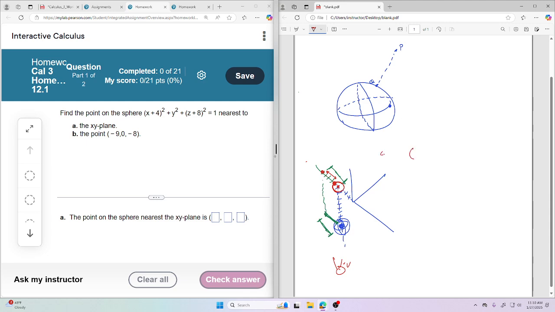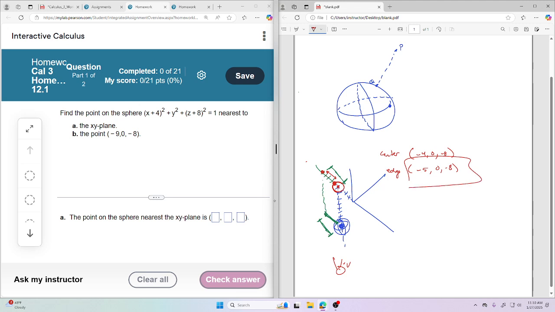So my normal center was -4, 0, -8. But then let's call it edge. Whatever's on the edge would be -5, 0, -8, because again, the radius is only 1. Or you could have said, I went back from -9, I'm going to go back 4 because there's only 4 distance in there. And then you would get to that guy. Either way, that's my answer for part B.